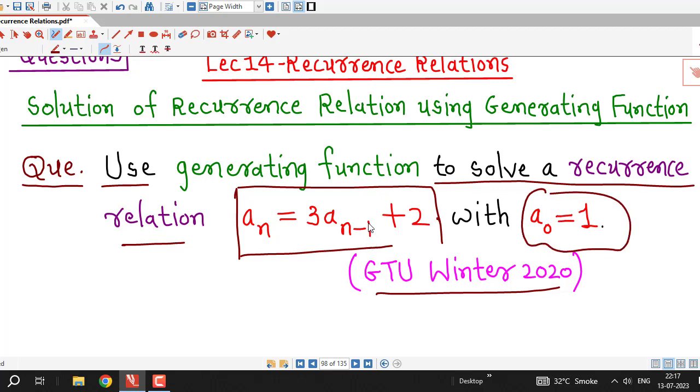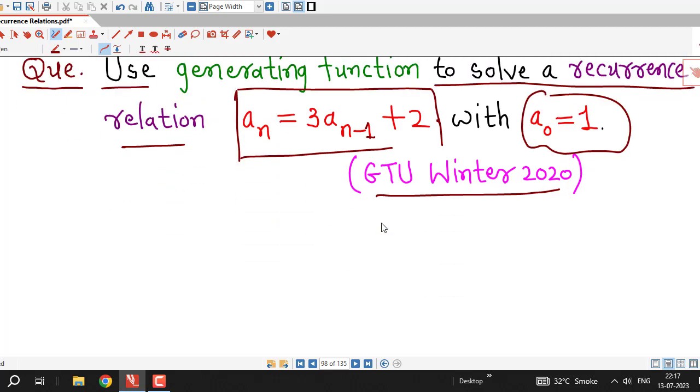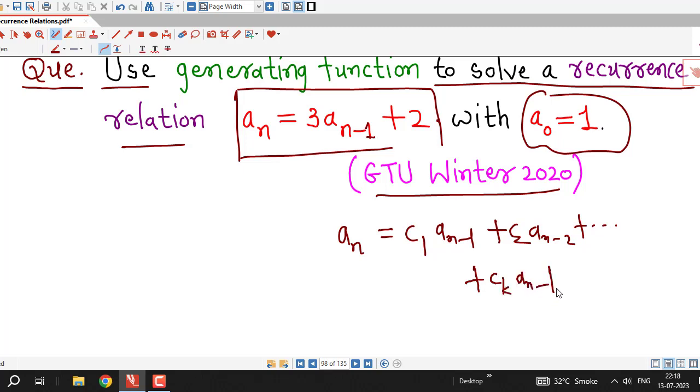We can see that here I have n minus 1, and if I compare with the standard form of recurrence relation, that is an equal to c1 into an minus 1 plus c2 into an minus 2 and so on, ck into an minus k plus f of n, then we find that we have k equal to 1.